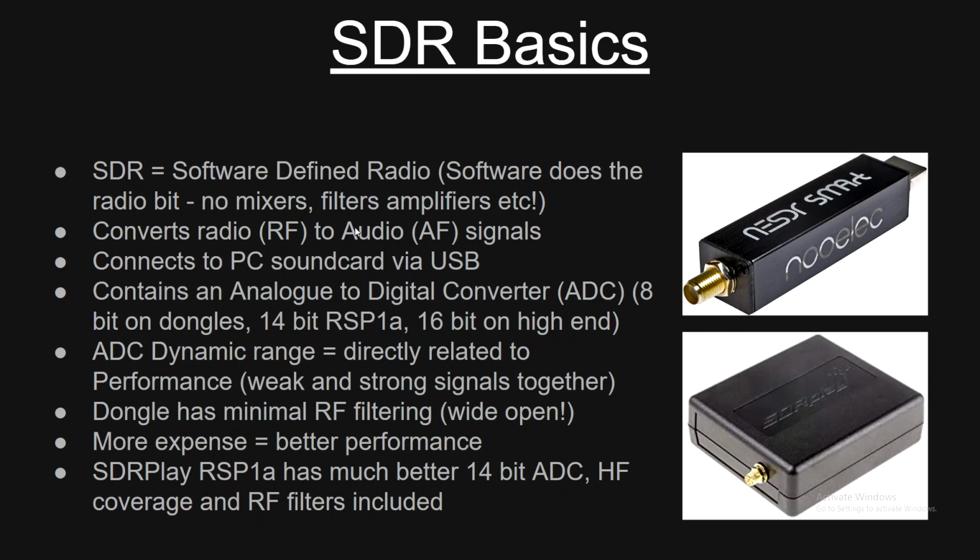It's about 8 bits on the dongles. The RSP1A, for instance, is 14-bit. Some of the latest SDR rigs, like the Flex radios and the Apache Labs Anans, are 16-bit, and they sometimes include more than one ADC. So they've got effectively 2, 3, 4, 5, 6, 7 receivers, so they can listen to signals at the same time.